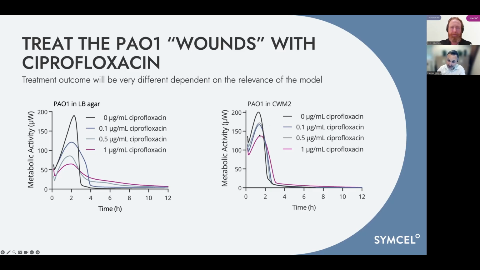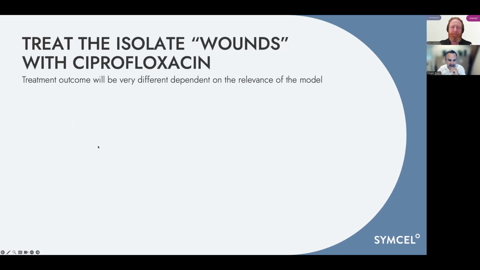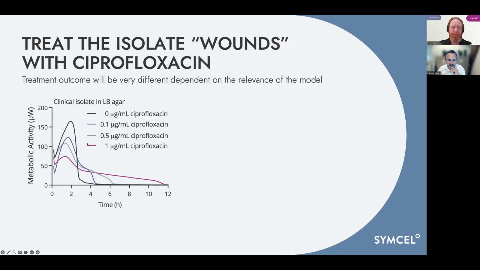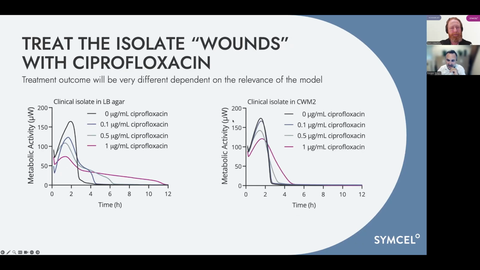And what you're maybe able to notice is that not that much happened in the wound media to the strain. The effect on the aggregates is much lower. And the same thing is true with the clinical isolates. You also see that the effect of the treatment is much lower.